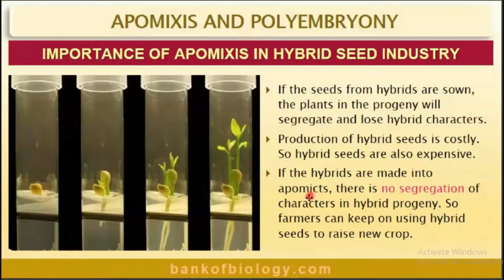Means usually after plant hybridization, the seeds are unable to develop into new plant because it is artificially synthesized. If the seeds are made into apomictic, there is no segregation of characters in hybrid progeny. So farmers can keep on using hybrid seeds to raise new crop.